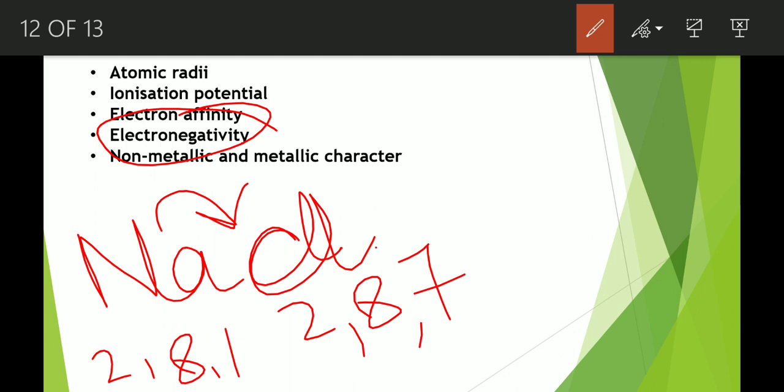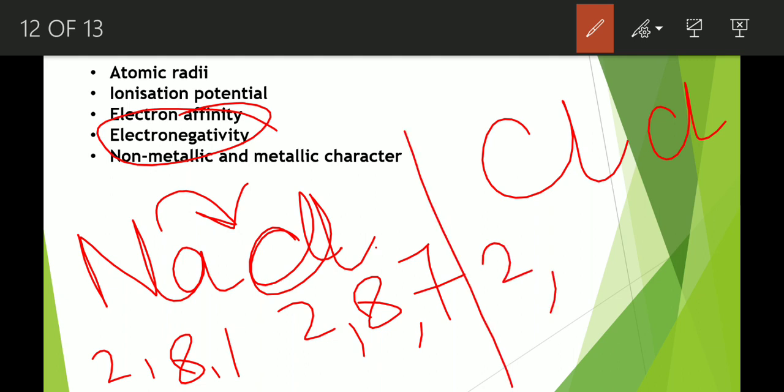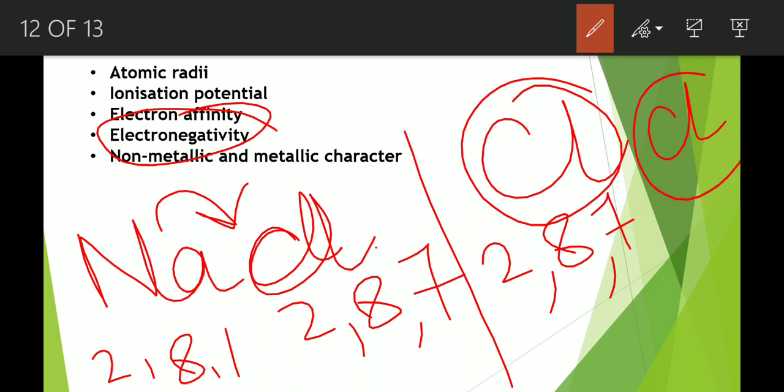On the other hand, take another example, the formation of the chlorine molecule, Cl2, with 2 chlorine atoms. Chlorine is 2,8,7, and this is the same electronic configuration for both chlorine atoms. They both have 7 electrons in the valence shell, so they each require 1 electron to complete their octet.